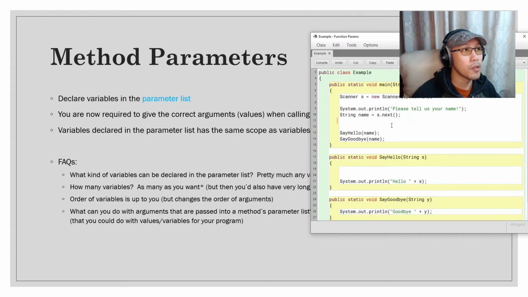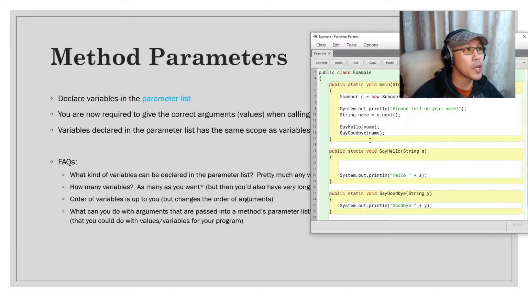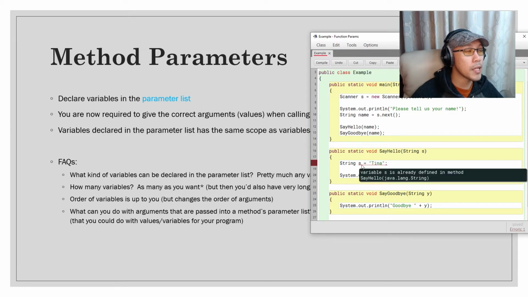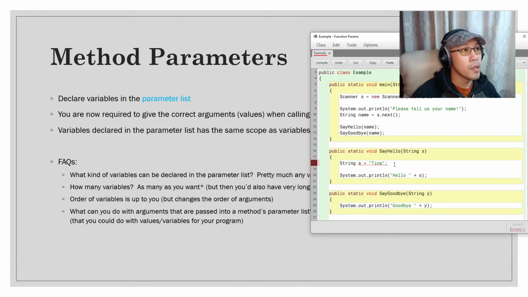All right, now that I've given you a refresher about that, let's come back over here. We have String s in the parameter list. What if we were to say String s equals Tina? It again gives us the same error message: variable s is already defined in method sayHello.